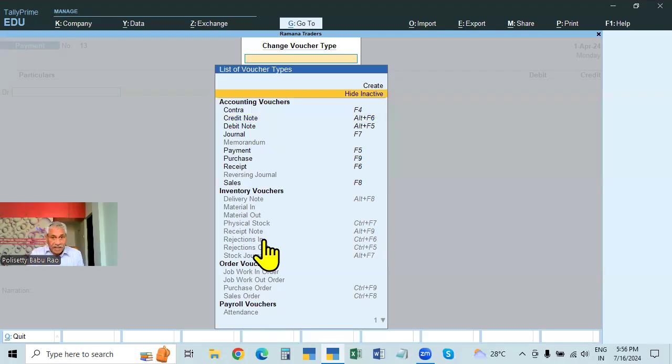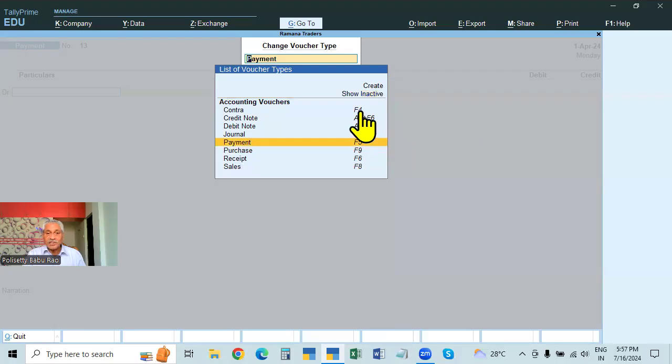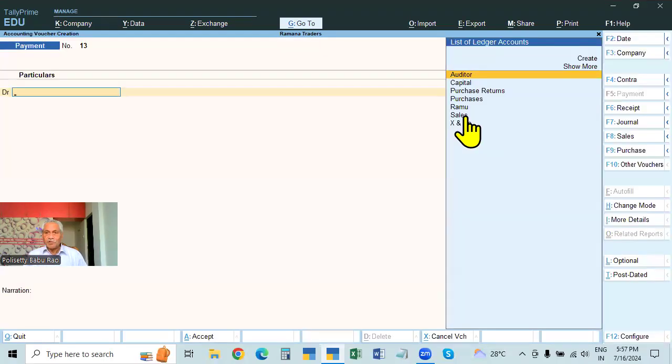So it will activate and it will open. These two we have to activate at the time of entry. So total 6 plus these 2, 8. See here 1, 2, 3, 4, 5, 6, 7, 8. These are the mostly used vouchers, and we will see how to make all of them.